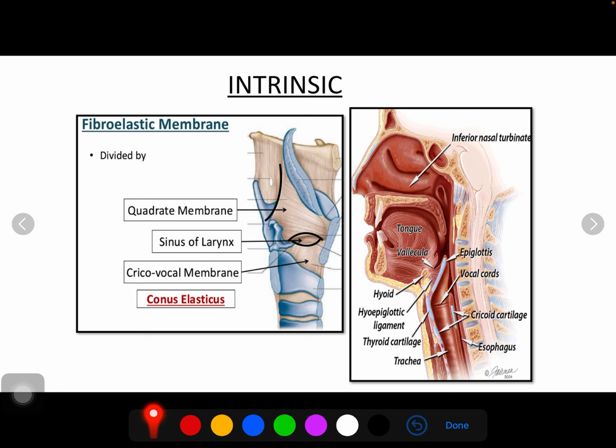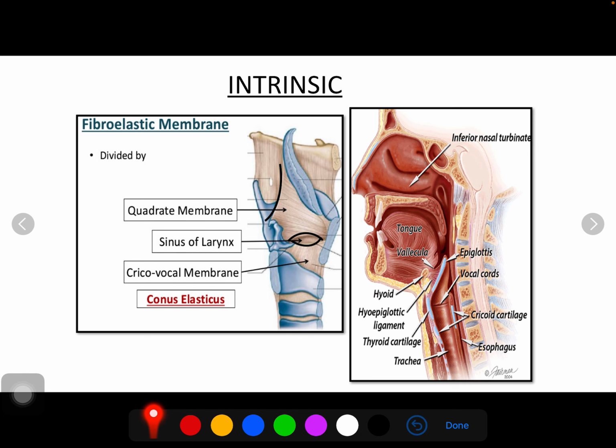The next intrinsic membrane is called the cricovocal membrane. It is a triangular fibroelastic membrane that stretches between the cricoid, arytenoid and thyroid cartilage. Its upper free margin extends between the middle of the thyroid angle and the tip of the vocal process of the arytenoid cartilage, and that is called the vocal ligament.